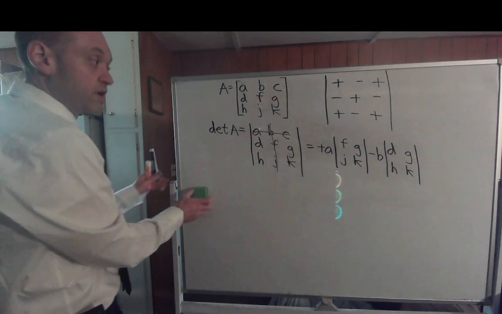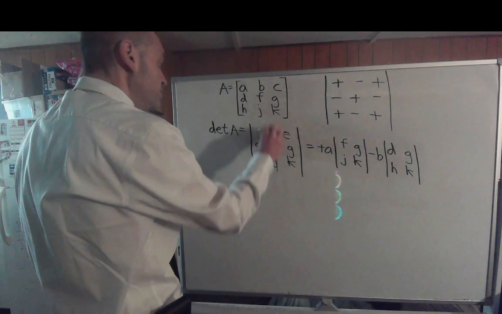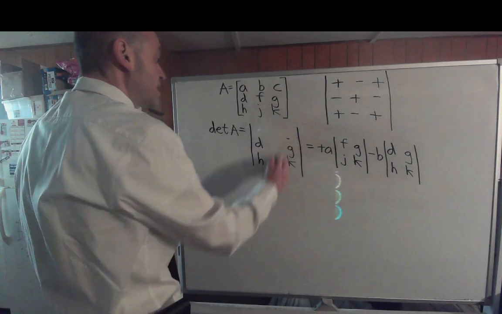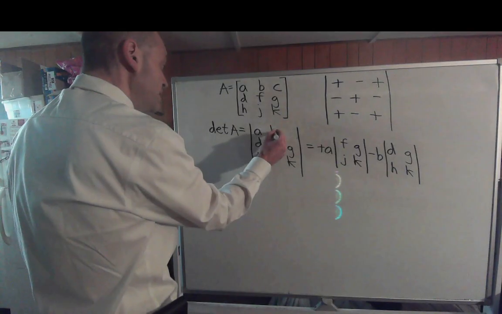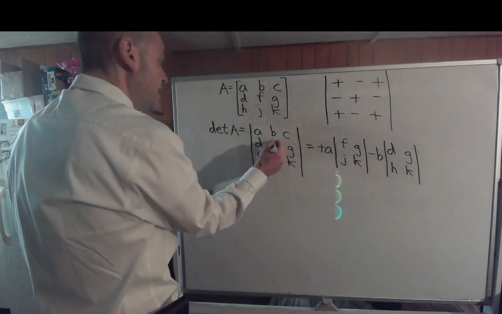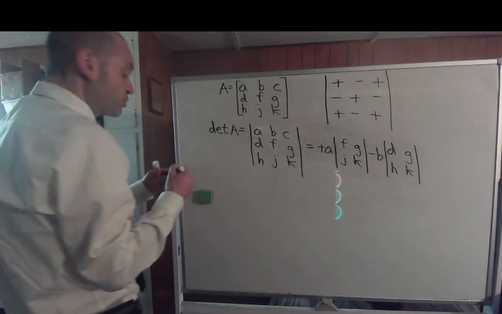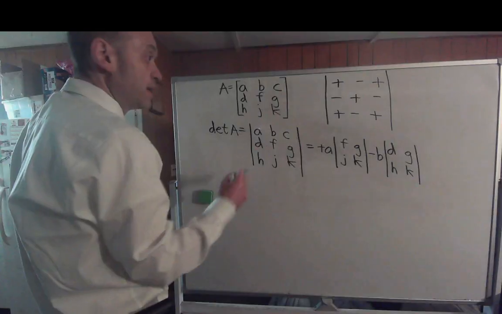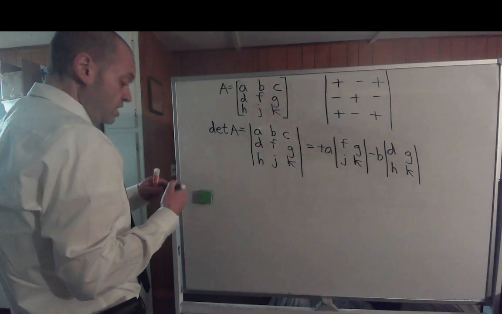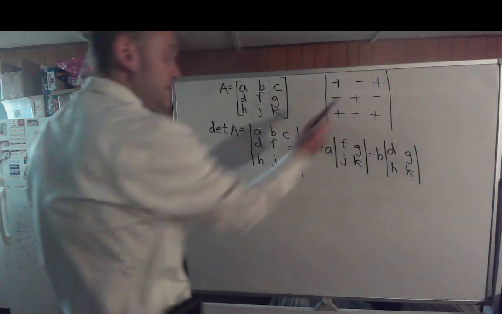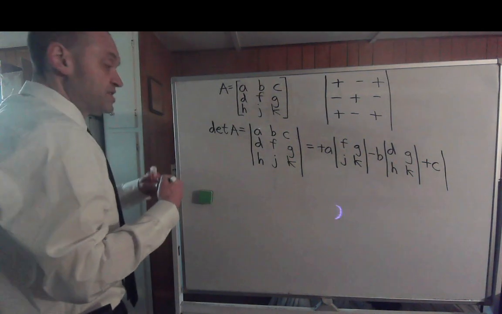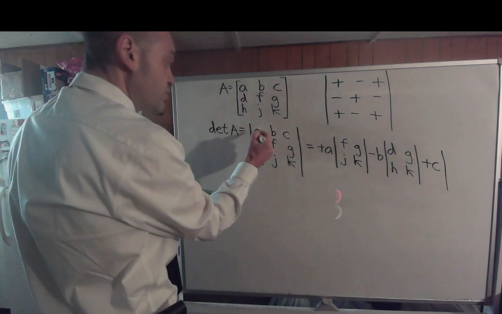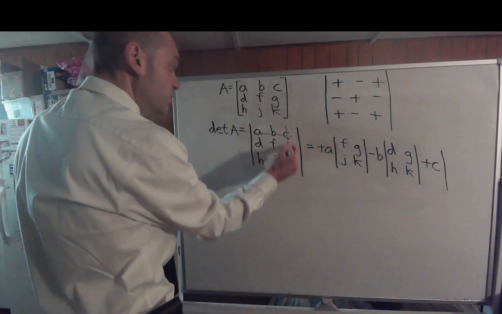All right, and then we're going to have one more determinant because we've got to complete the row. So this was A, B, C, and since we're going down the first row, we've got to do the C. Well, the coefficient, we need to take positive of the coefficient on C, so this will be plus C times, all right, now since we're dealing with C, we need to strike out the row and the column in which C occurs.